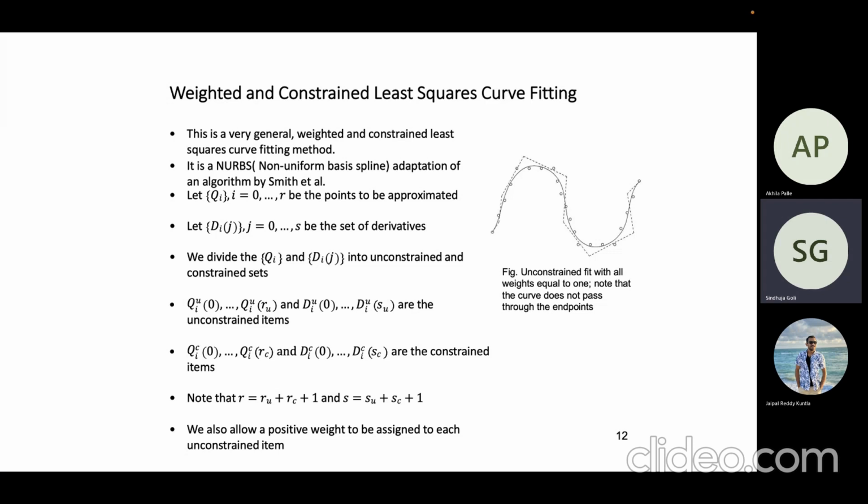Here r is equal to ru plus rc plus 1 and s is equal to su plus sc plus 1. We also allow a positive weight to be assigned to each unconstrained item. If you look at the picture, it is an unconstrained fit with all weights equal to 1 and the curve does not pass through the endpoints.